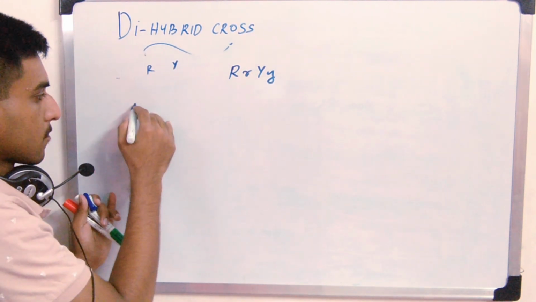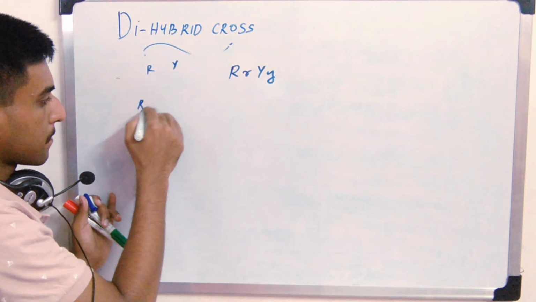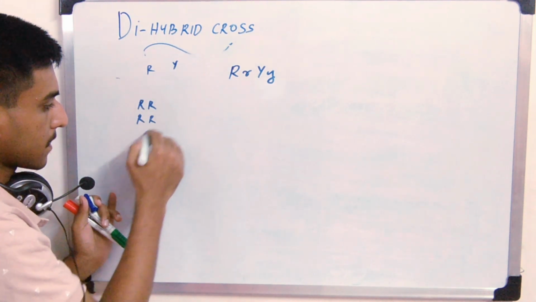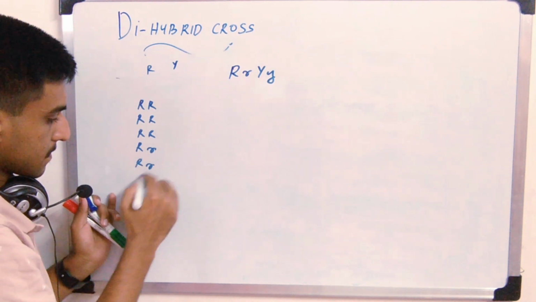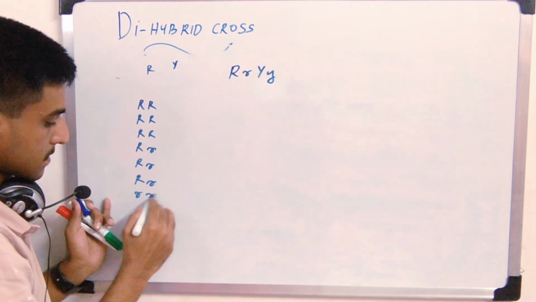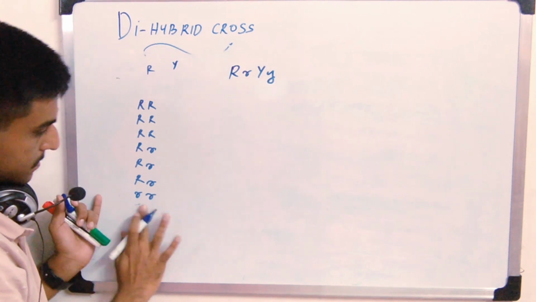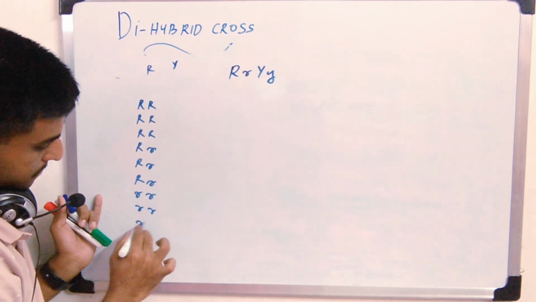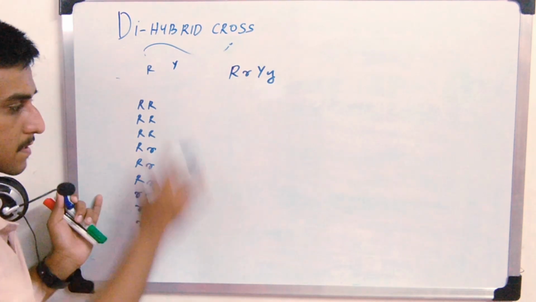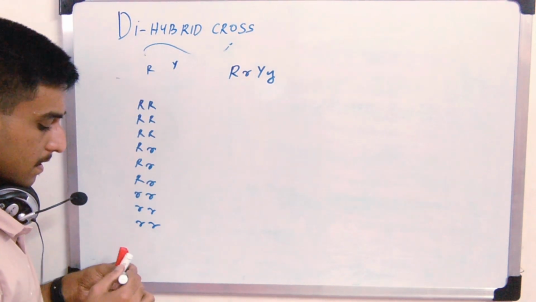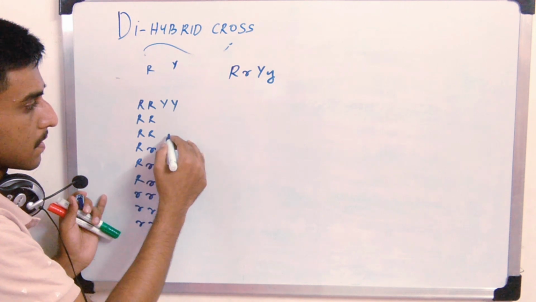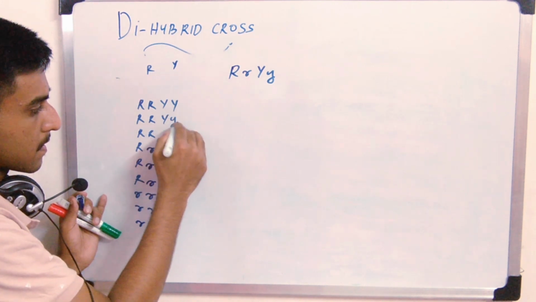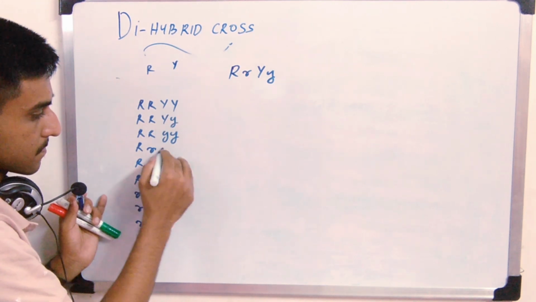Okay, so first I will be writing capital R, capital R, then heterozygous condition, then homozygous recessive condition. This is the condition of the first gene. Now the second gene: homozygous dominant, heterozygous, homozygous recessive.